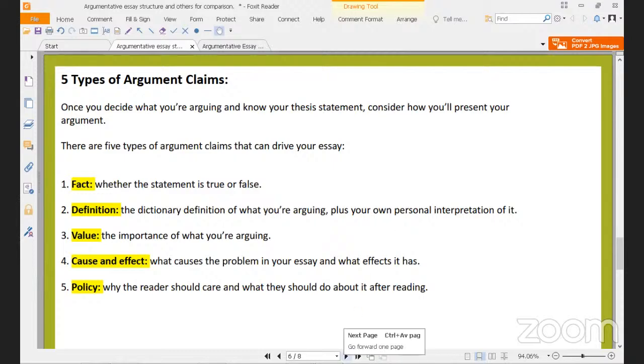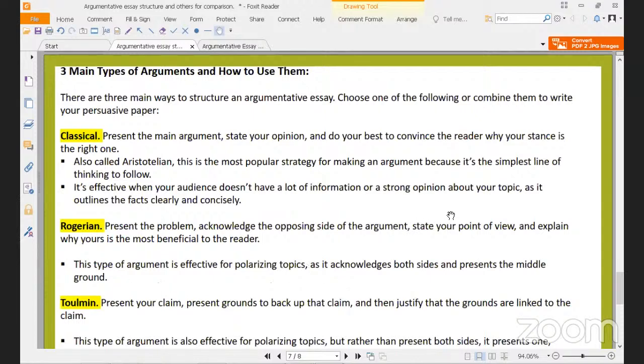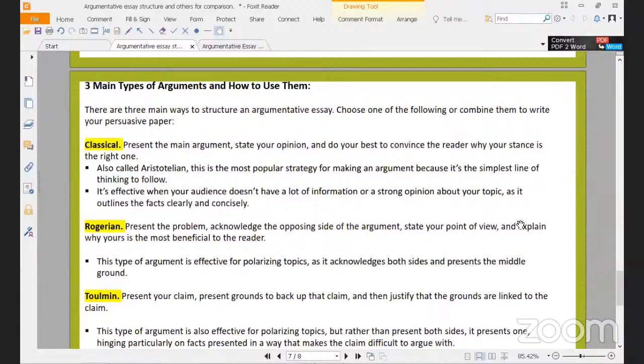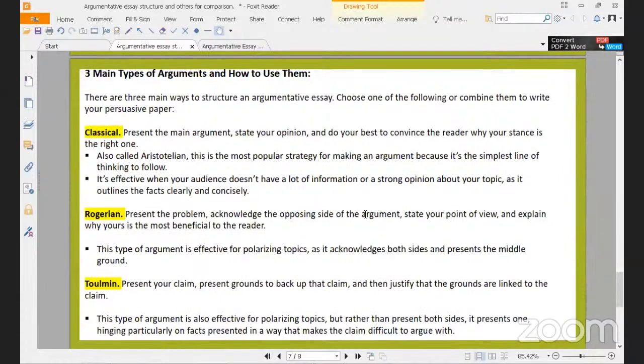Okay, three main types of arguments and how to use them. There are three main ways to structure an argumentative essay. Choose one of the following, or combine them to write your paper.